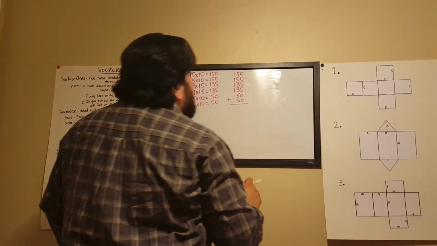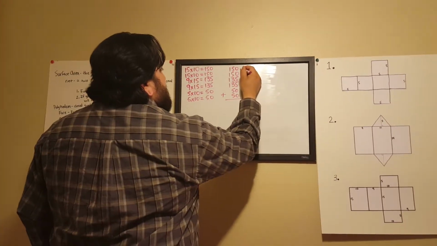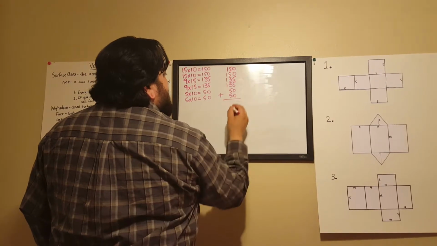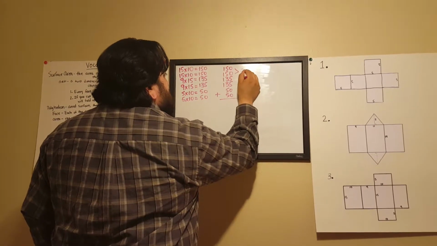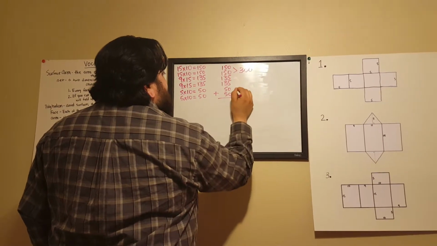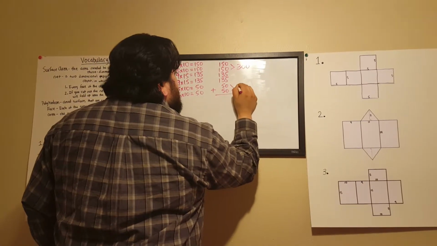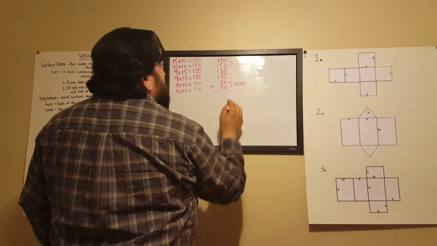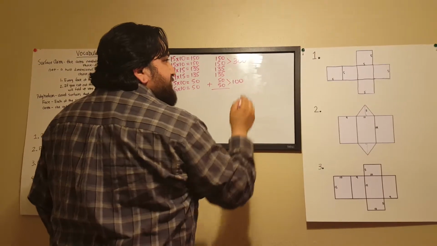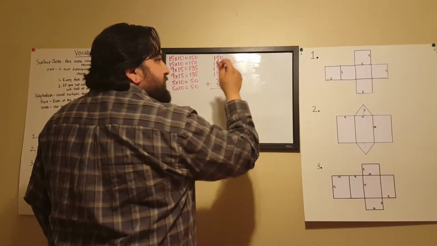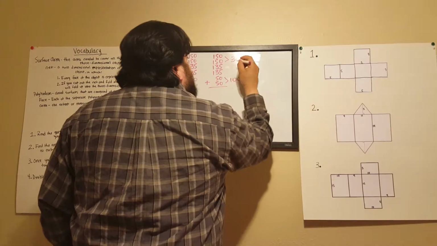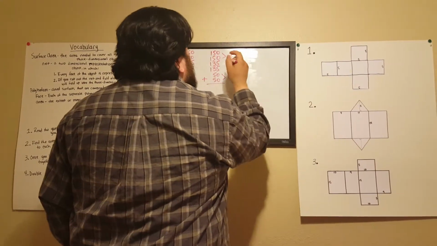If you want to, you could do this as well. Simple. 150 plus 150 is 300. 50 plus 50 is 100. 135 plus 135 is, I'm sorry, 270.